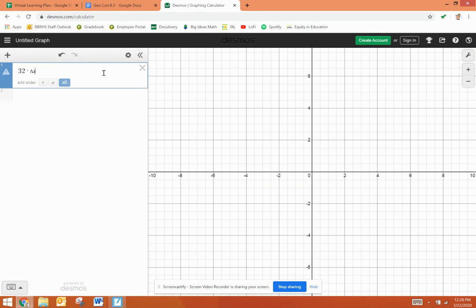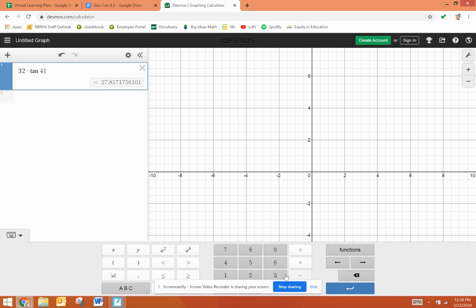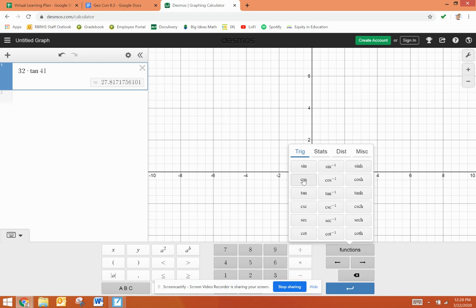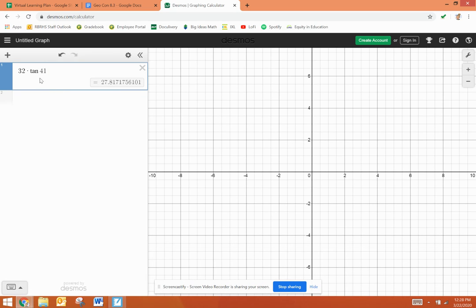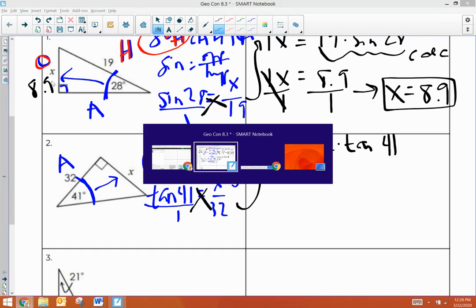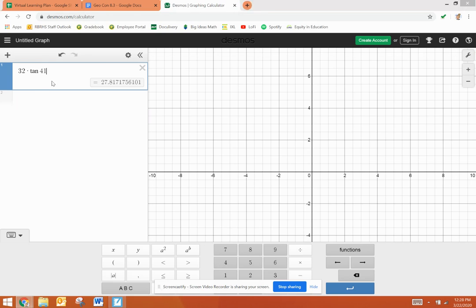I'm just typing in tan. It's over here under functions if you want to click them instead. But Desmos is so smart and knows exactly what you mean. So 32 times the tangent of 41 is 27.8.